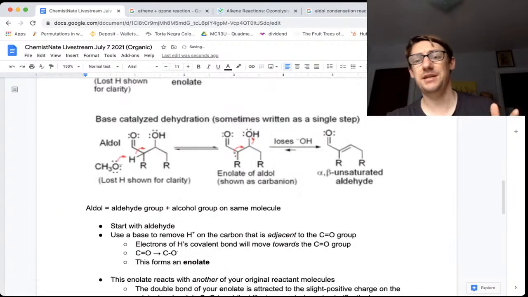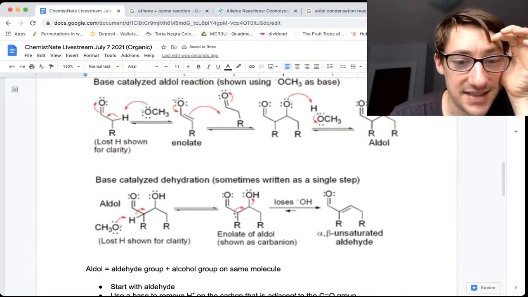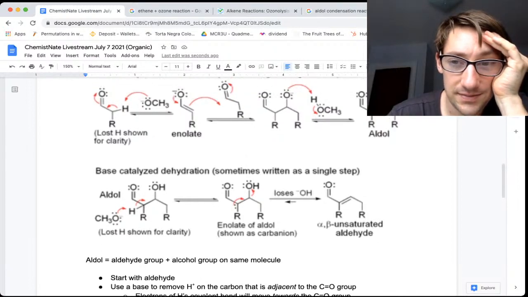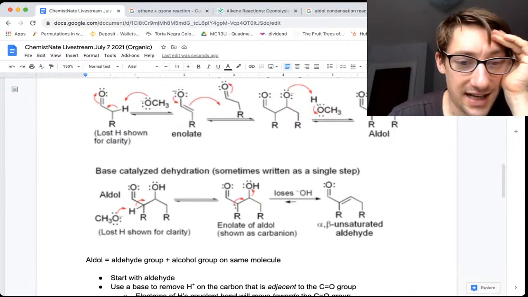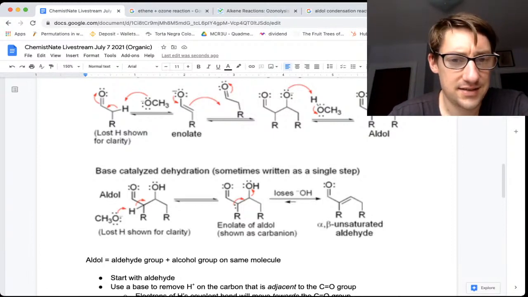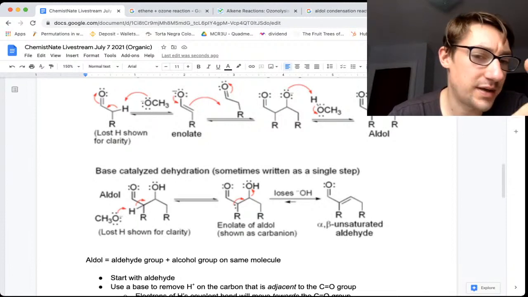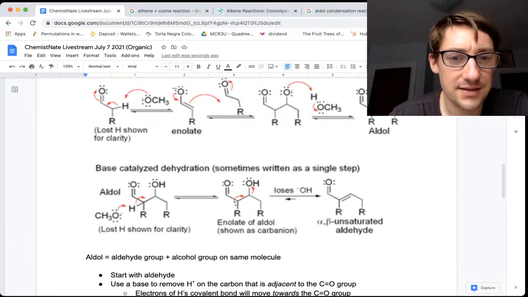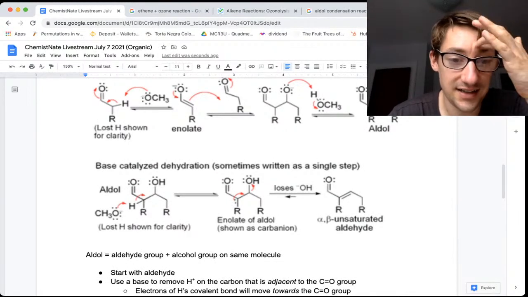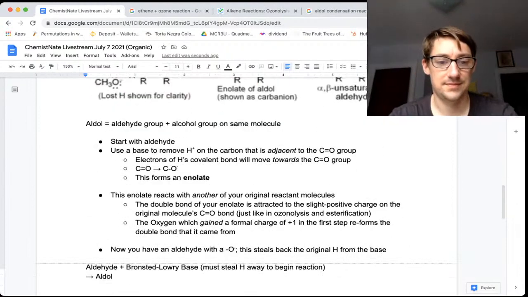Now, the way that Wikipedia is showing this kind of implies to me that there's going to be further reaction. You still have an acidic H that can get stolen away the exact same way that it had stolen the H away in the previous step. You end up with a carbon ion. That's interesting.